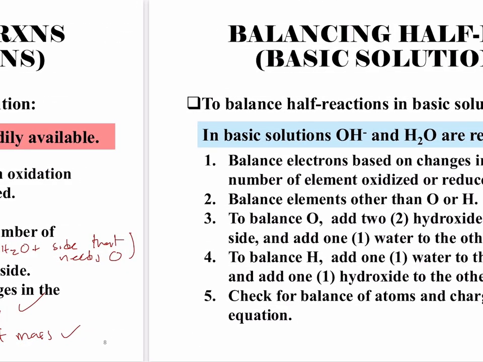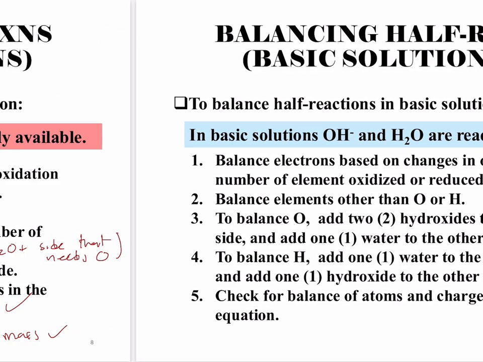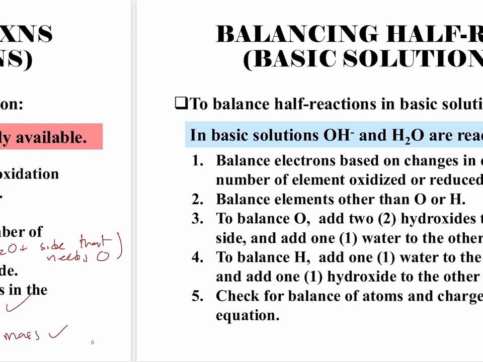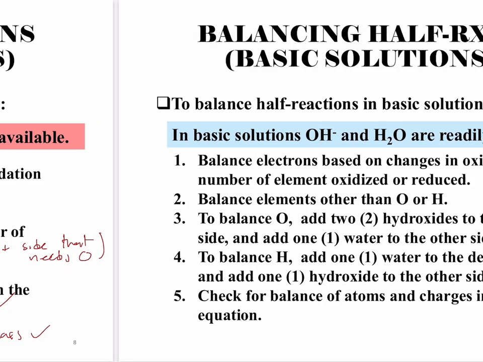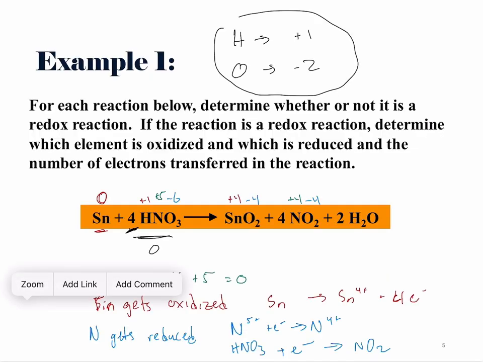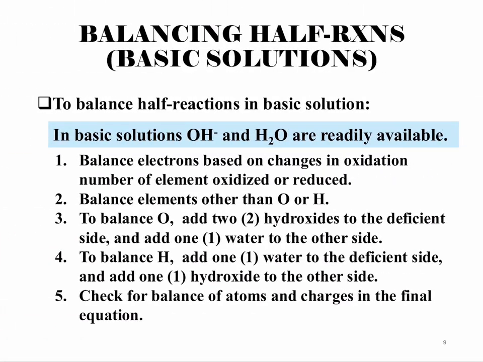And so for balancing the half reactions in basic solutions, now our source of charge is going to be hydroxide ions. So we have hydroxide ions in our solution. The first two steps are the same.